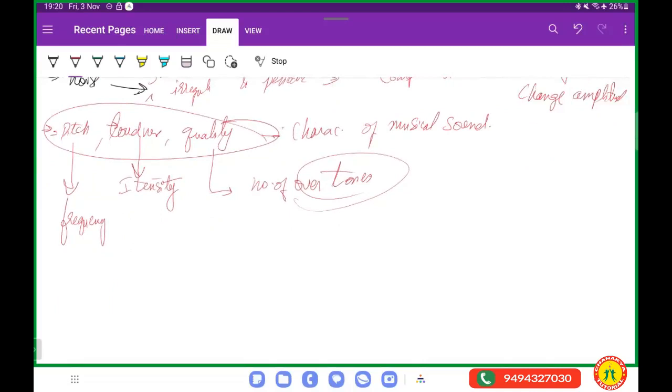Yeah, heard of acoustic guitar and electric guitar. What's the difference? What is acoustic and what is electric?